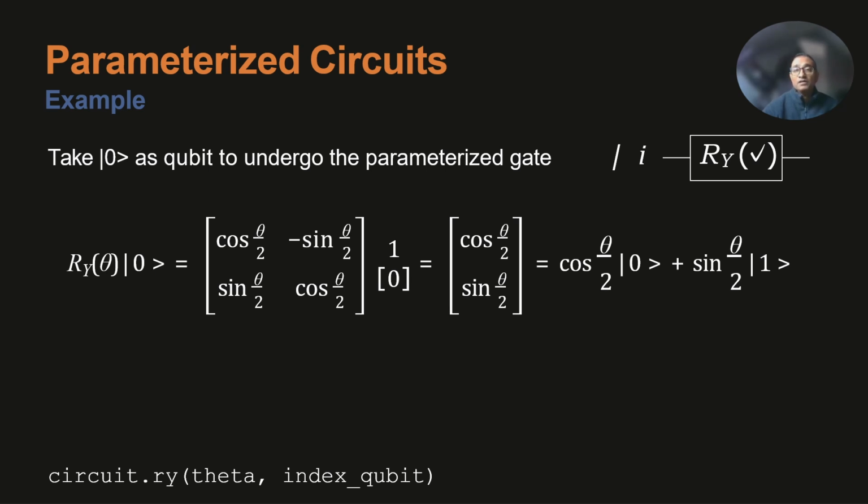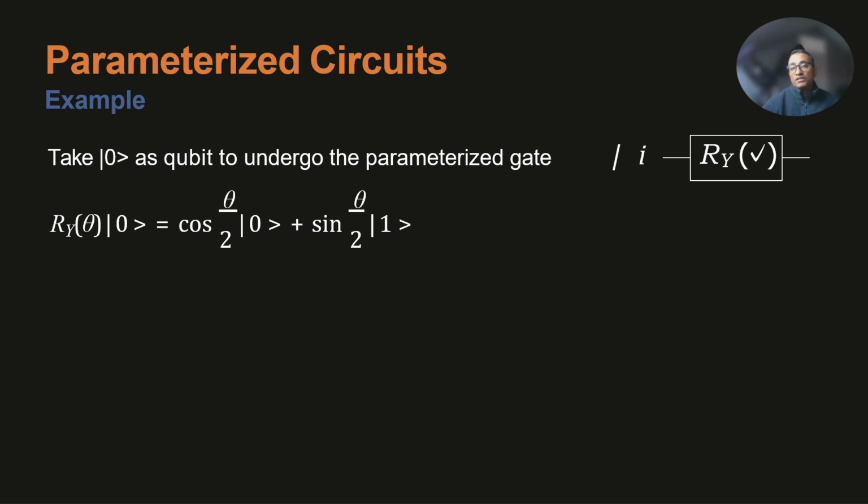You can literally follow the same steps we have seen many times, multiplying the matrix with the vector representation of the input qubit, 1 0 in this case, and you will find an output which is cos theta/2 times the state 0 plus sine theta/2 times the state 1. So it is creating a superposition after applying the matrix to the vector.